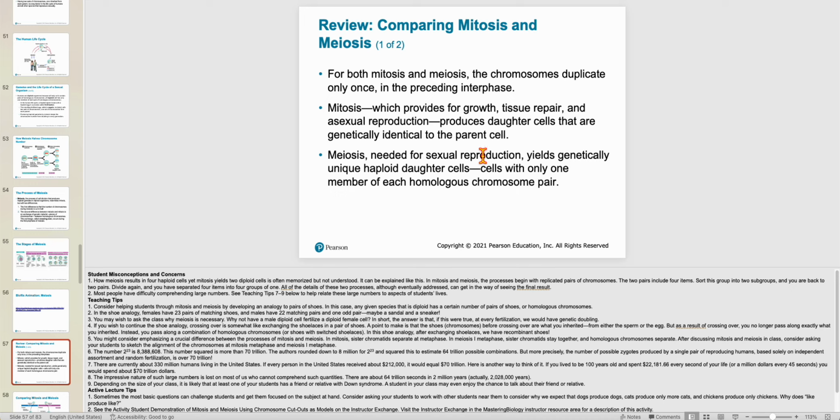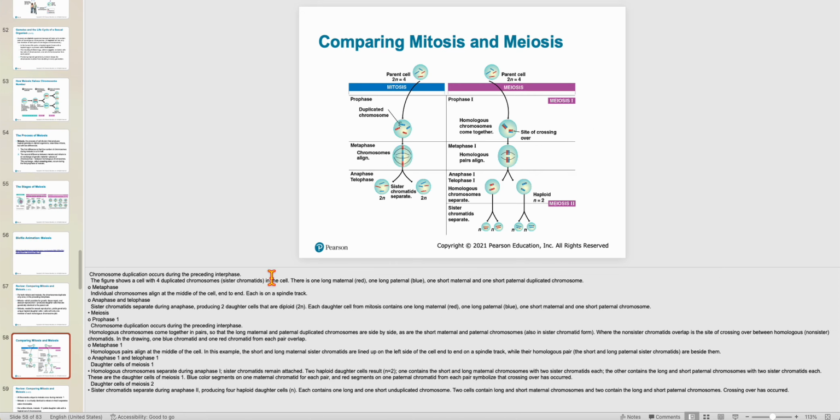All right, going over here, notice it says the same thing. So you have the same information here that you can read. And now here's another picture of how mitosis compares. I already told you mitosis is for growth and repair, and it always gives you the exact same thing between the two cells. So notice the exact same thing between the two cells.